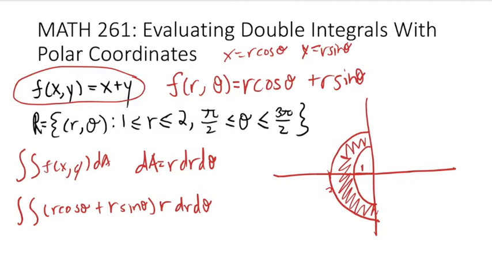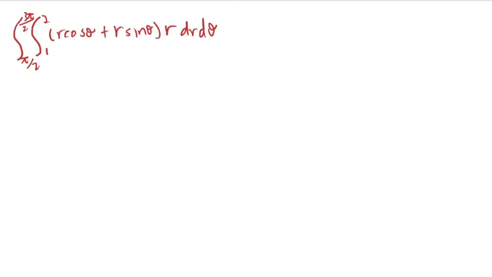So our bounds for r are going to be 1 to 2, and our bounds for theta are going to be pi over 2 to 3 pi over 2. So now we're going to solve out the integral.